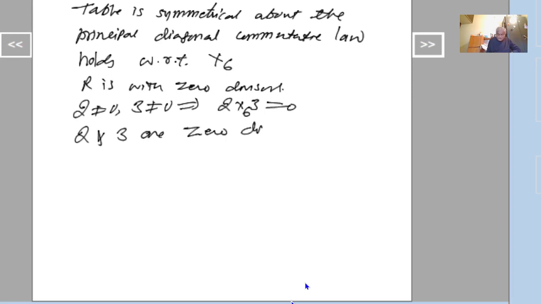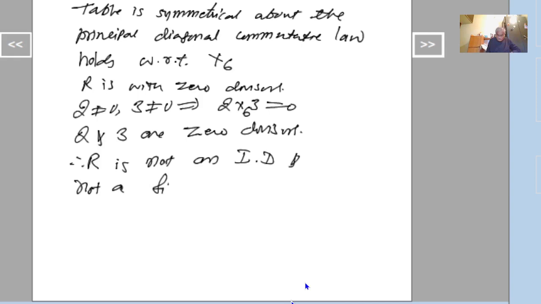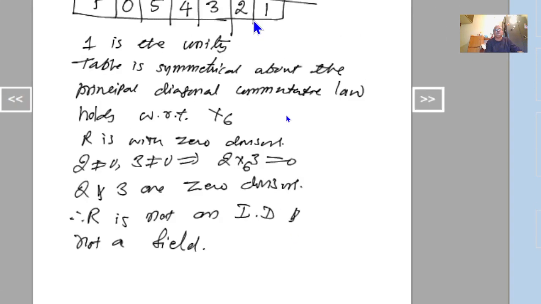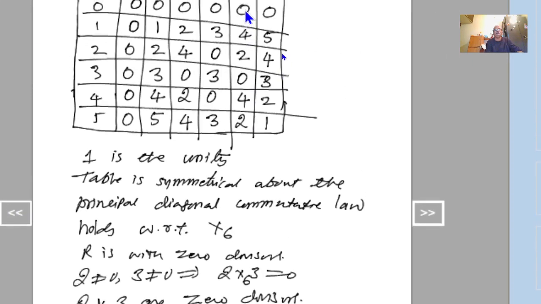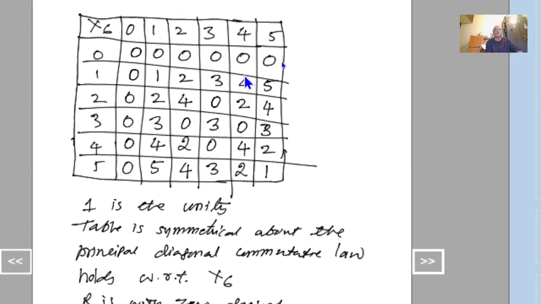So therefore, R is not an integral domain and not a field. Okay. So this is a ring, and this is a commutative ring, and this is with unity. This is a commutative ring with unity. This is not an integral domain and it is not a field. Okay. Next, I will consider another example.